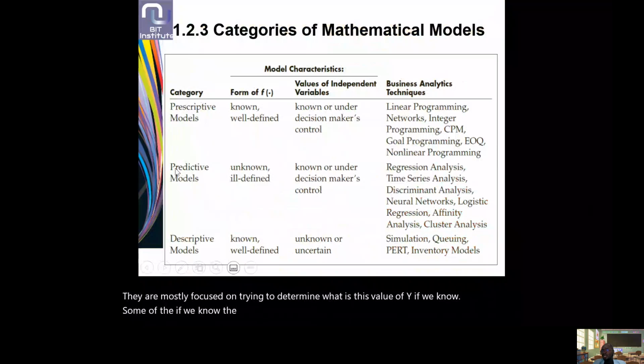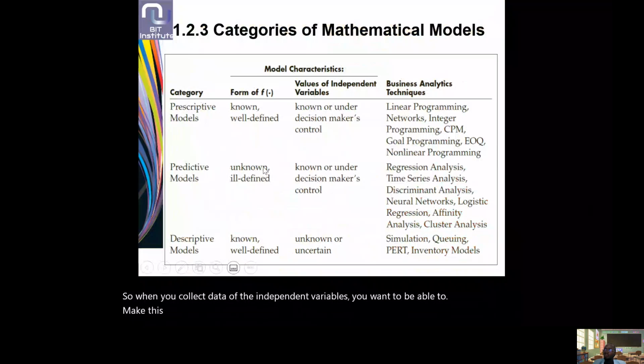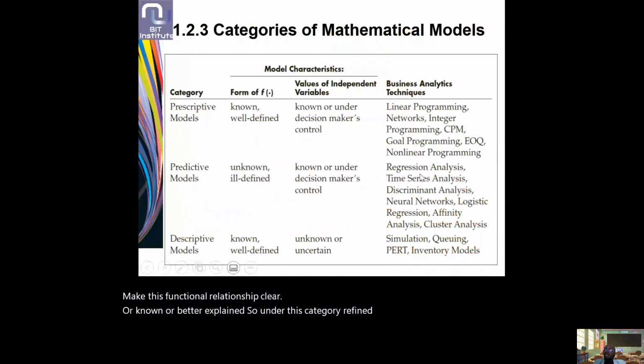So under predictive models, the form of Y is ill-defined or unknown. When you collect data on the independent variables, you want to make this functional relationship clear, known, or better explained. Under this category, we find various business analytic techniques such as regression analysis.